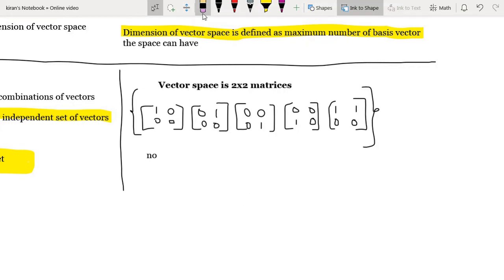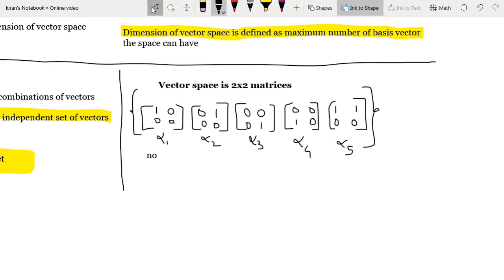So let me call them by some names. This is my alpha 1, alpha 2, alpha 3, alpha 4 and alpha 5.